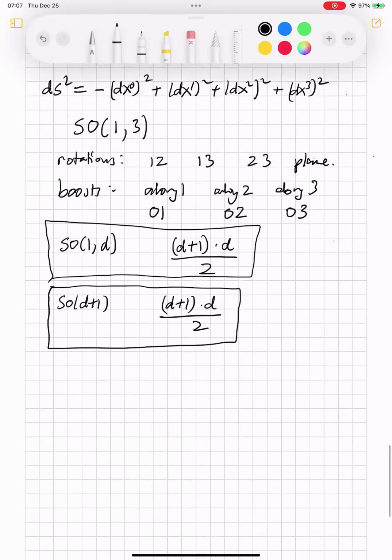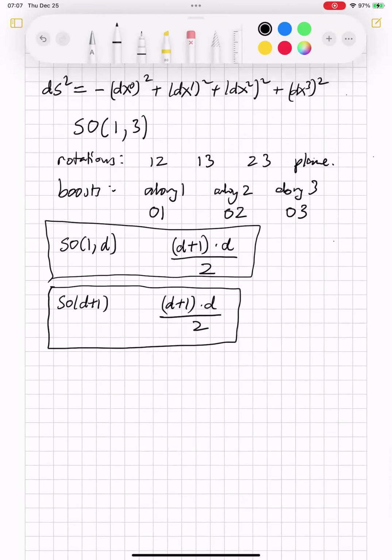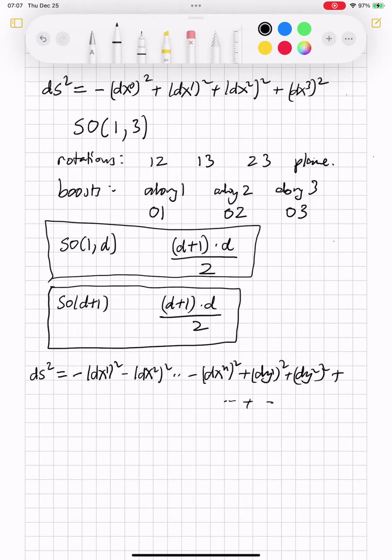Now, I'm sure that by now you have thought about the natural generalization. The natural generalization would be to take a metric ds squared, which is minus dx1 squared minus dx2 squared, keep going, minus dxn squared, plus dy1 squared plus dy2 squared, up to plus dym squared.